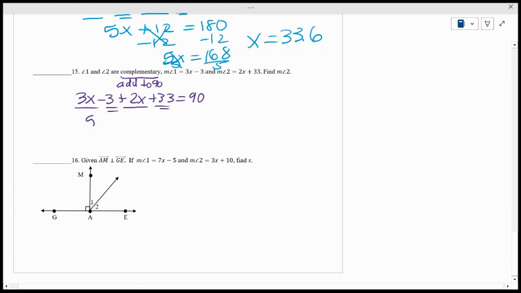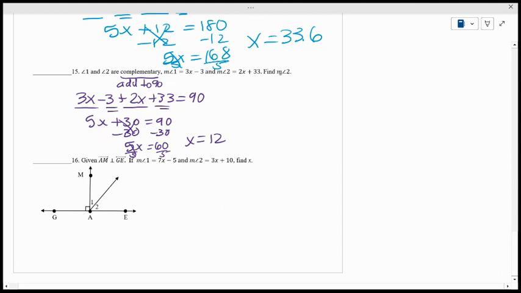Three x plus 2x, 5x, negative 3 plus 33, 30. You get x equals 12.